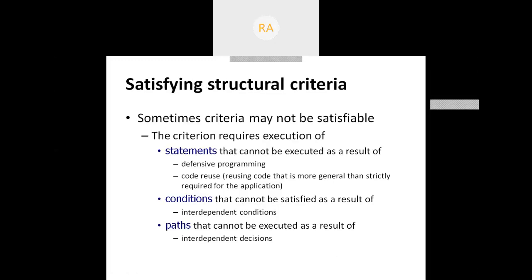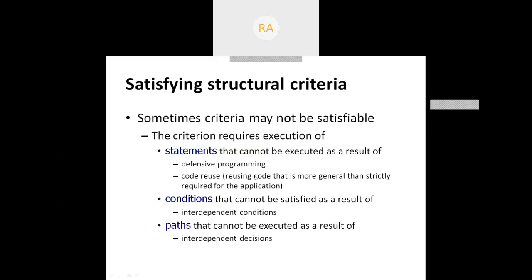Then we are studying the criteria associated with structural testing. Sometimes even though we mention the criteria associated with the different coverage techniques like statement coverage, it may not be possible to achieve that criteria in reality. Some statements cannot be executed because of certain programming constructs that you have included or because of code reusability.